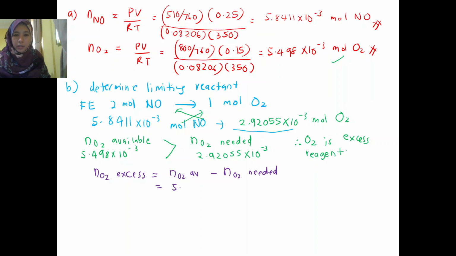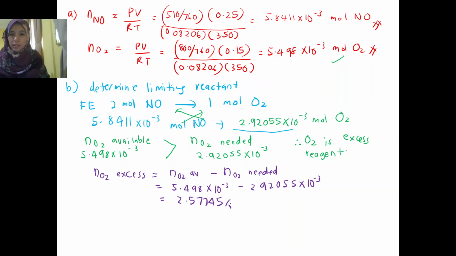So 5.498 exponent negative 3 minus 2.92055 exponent negative 3. So we have mole oxygen excess is 2.57745 exponent negative 3.